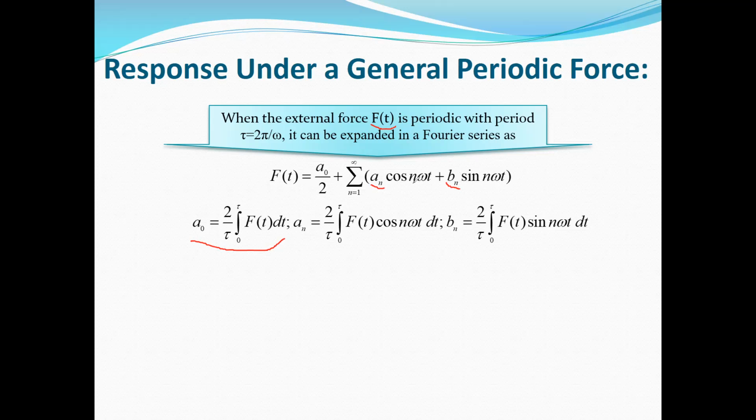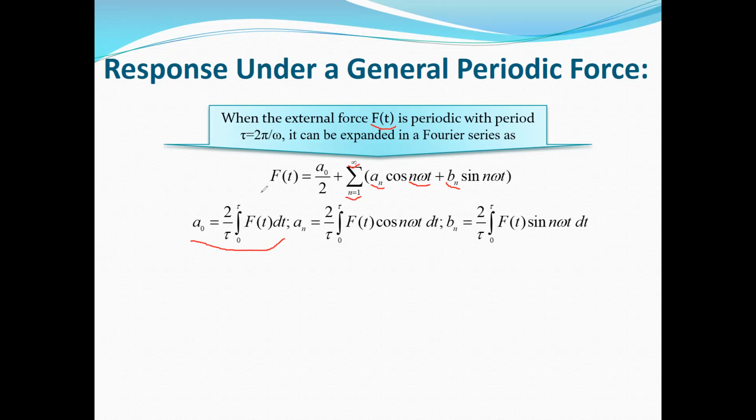You can see the frequencies start from omega and it will continue with 2 omega, 3 omega, because n is from 1 to infinity. So f(t) in fact is an infinite series, but we can use a finite number of these harmonics to find an approximation for f(t).